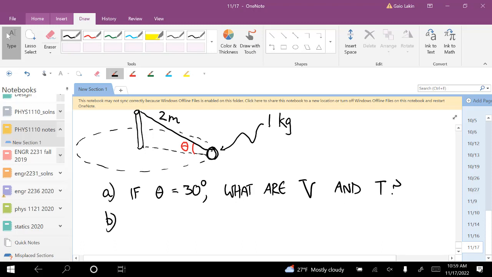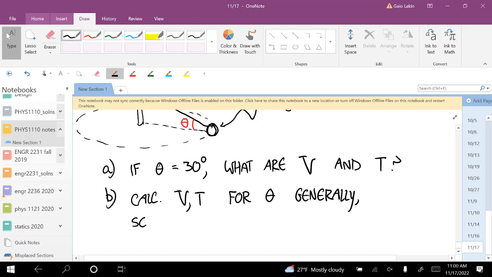And then second, we're going to calculate the speed and tension for theta generally. We're just going to use that expression for theta and use that to see the relationships between theta, V, and T.